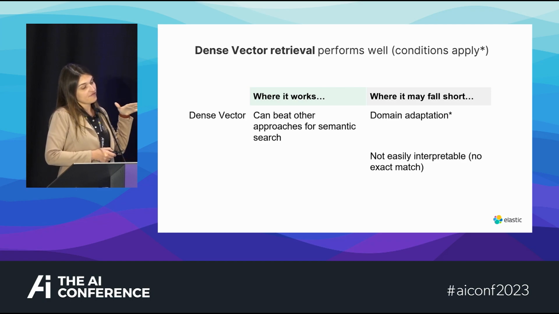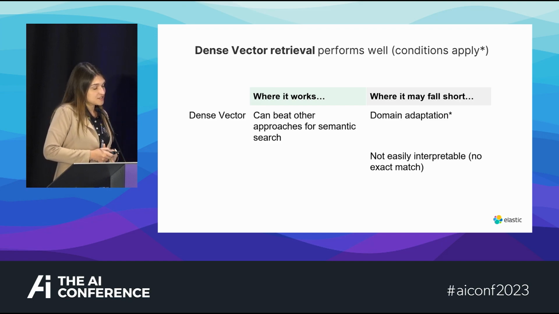But where it may fall short is domain adaptation. If you work for a very specific industry and you have a lot of keywords, terms, or ways of saying things that are very specific, I'm pretty sure it will be hard to find a perfect model.